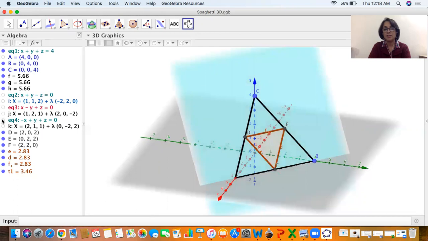And finally, if I take the third plane, minus x plus y plus z equal to 0, and its intersection with the plane x plus y plus z equal to 4, I get a third line. And all these three lines lead to this brown triangle whose area we see is exactly 1/4 of the bigger triangle. So this is another way of visualizing the problem.